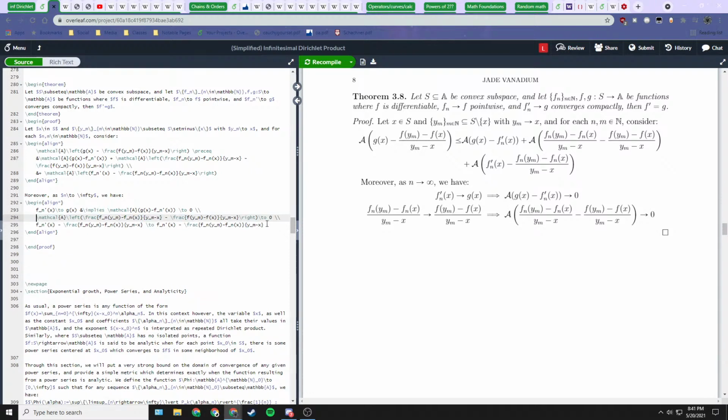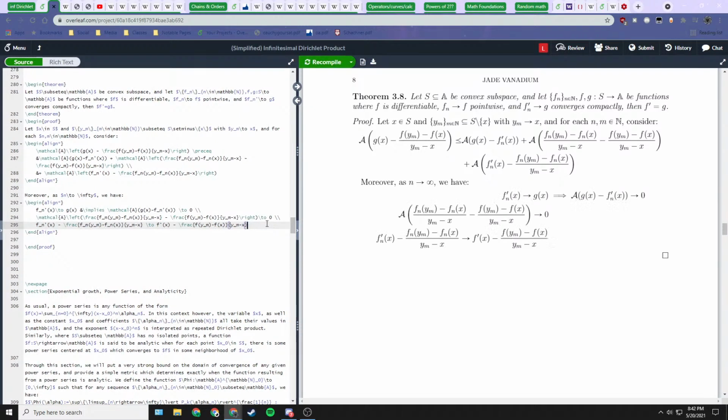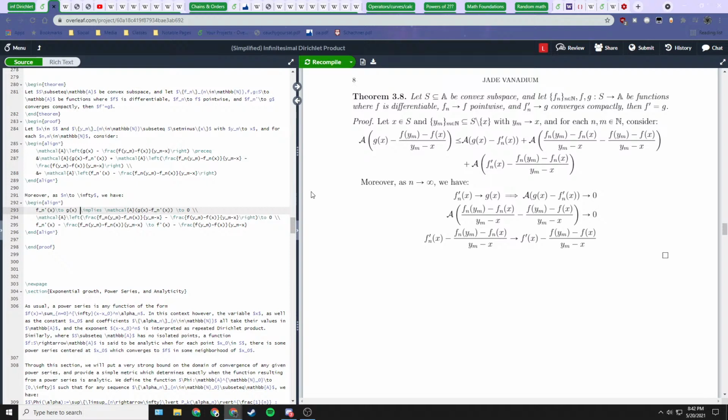This thing goes to 0, and this thing goes to, let's put a different alignment. That's not going to work at all, actually, if I do that. Let's just get rid of this symbol. Okay, so that goes to 0, that goes to 0, and this goes to that with n.